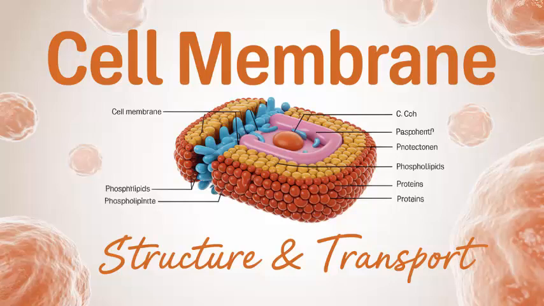What are the three types of endocytosis? Phagocytosis, receptor and pinocytosis. Correct. Pinocytosis, phagocytosis, and receptor mediated endocytosis. Next question. What is pinocytosis also called?